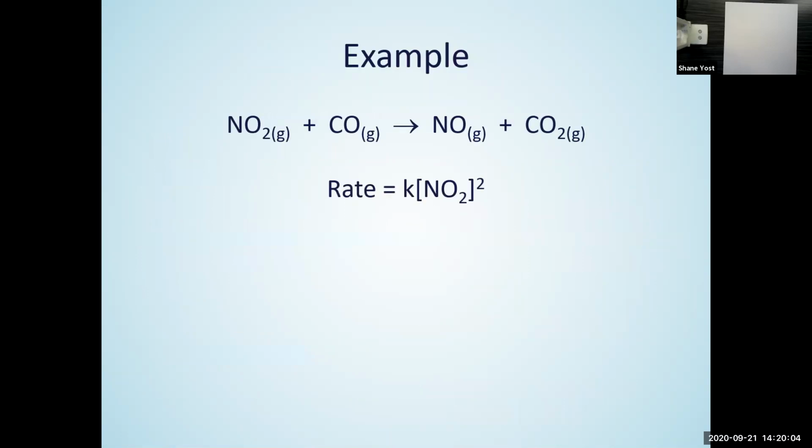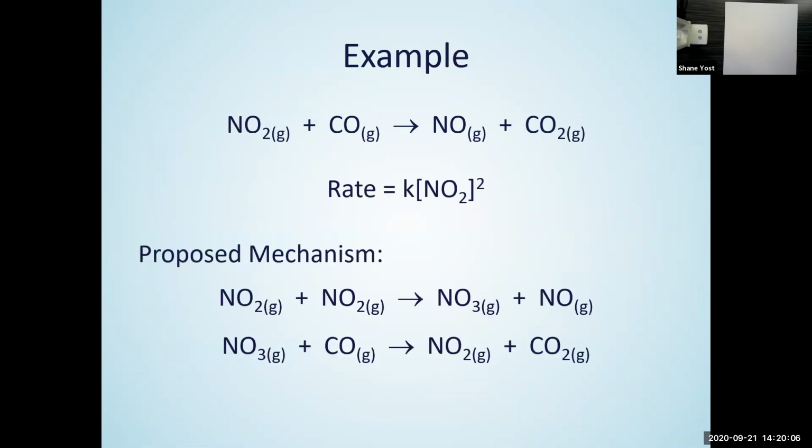All right, so for example, I have this chemical reaction, NO2 plus CO going to NO plus CO2. The rate here is k times NO2 squared. That's the rate law. And I have this proposed mechanism: NO2 plus NO2 going to NO3 plus NO, and then NO3 plus CO going to NO2 plus CO2.